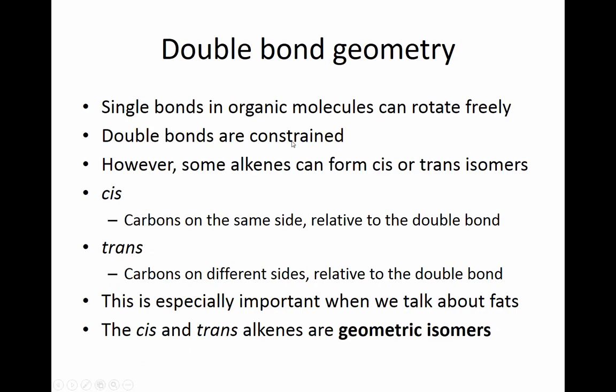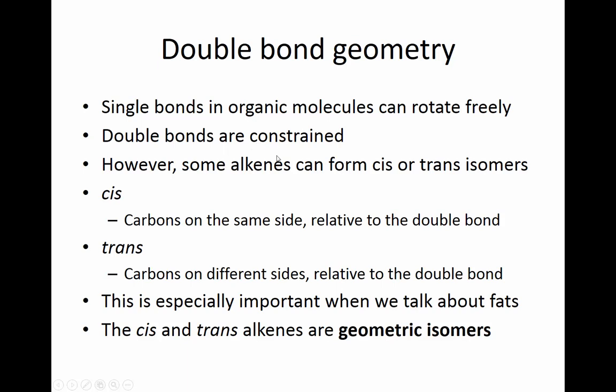And there is a certain geometry that occurs when we're talking about the different bonds. Single bonds in organic molecules are unconstrained and can rotate pretty freely around their bonds. Double bonds are constrained because of the fact that they are double bonds.